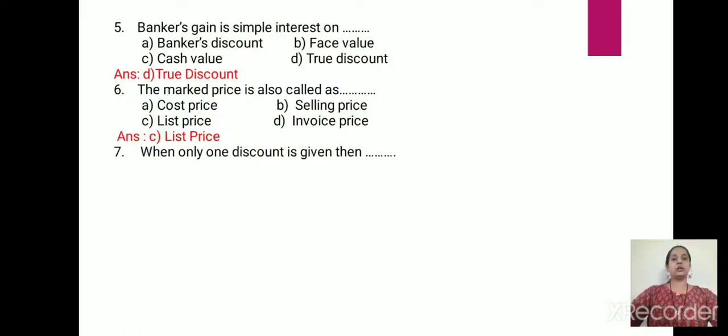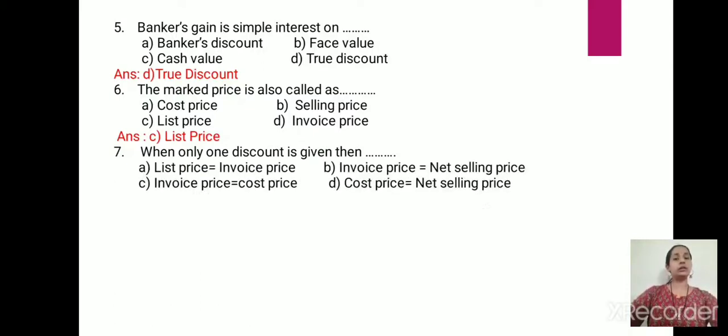The next: when only one discount is given, then. Now see, the question is when only one discount is given. There are two types of discount, trade discount and cash discount. If only one discount is given, then what are the options? List price is equal to invoice price. Is it true? No. Invoice price is equal to net selling price. Now see, one discount is calculated.